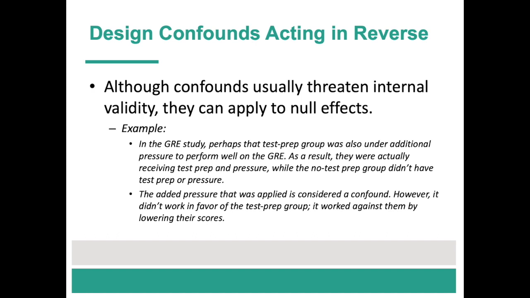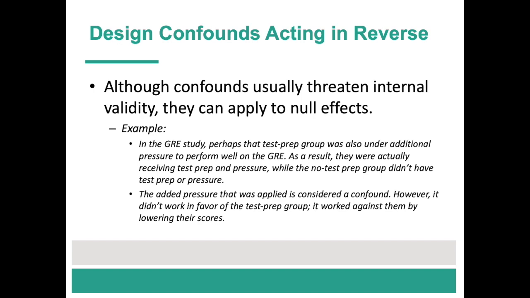So the added pressure that was applied could be considered a confound. It could have actually hurt the test prep group. It could work against them by lowering their scores. So they learned in the test prep, but they also felt a lot of pressure, and so it actually reduced their scores. So this is one place that we would also want to measure that. We would want to measure what kind of pressure do you feel? Do you feel anxious about taking the exam?